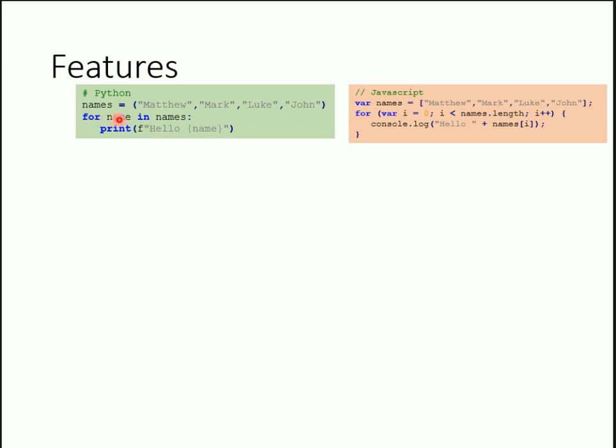Then we've got in here that we want to go through every name in the list of names, so that's quite readable. It says I want to take each name from this list one at a time, so it will get Matthew, Mark, Luke, John. So for every name in that list, in the JavaScript version, you have to use another variable, and this variable doesn't really mean anything in the real context.